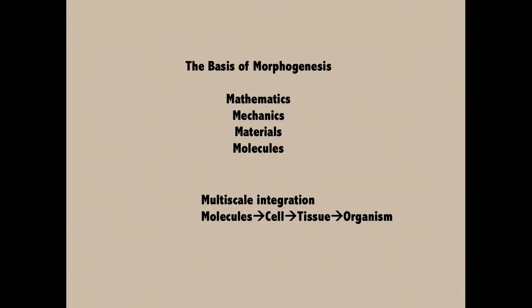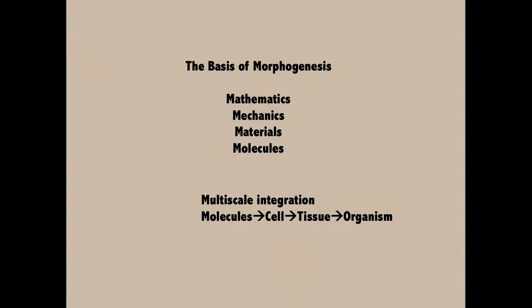So what's fascinated people for a long time is to understand how organisms acquire form. I've put a set of 4 M's here that people have thought about, and you'll see here, not because I'm at the Mathematical Sciences Institute, the maths is on top, and then mechanics, materials, and molecules, right?